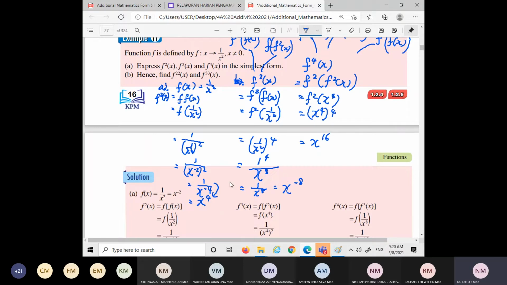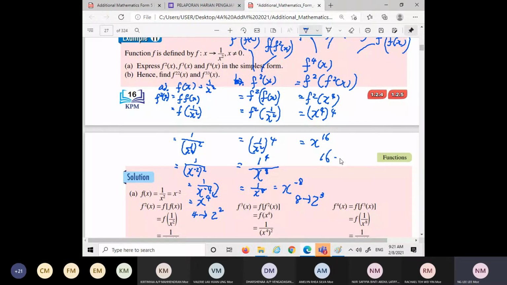Okay, then analyze a little bit. The power 4, 8, and 16. How they relate to the 2, 3, and the 4. Do you notice that the 4 here actually is 2 to power of the 2. The 8 here actually is 2 to power of 3.